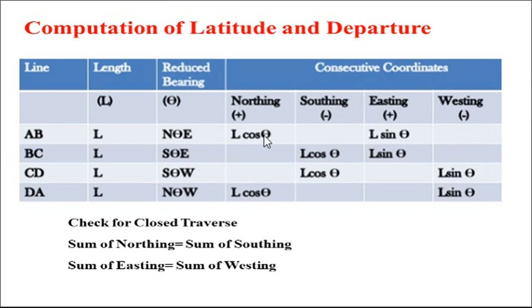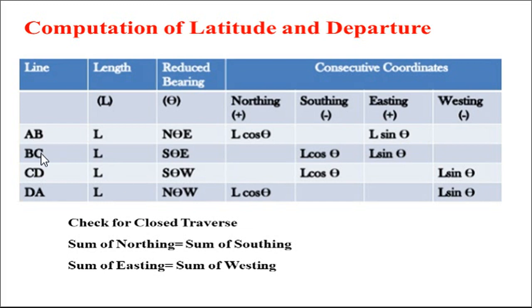As it is measured towards north, it is sometimes called northing, and as the line is in the first quadrant, it is positive. Then for the departure, L into sin theta, as departure is measured towards the east side, it is positive.